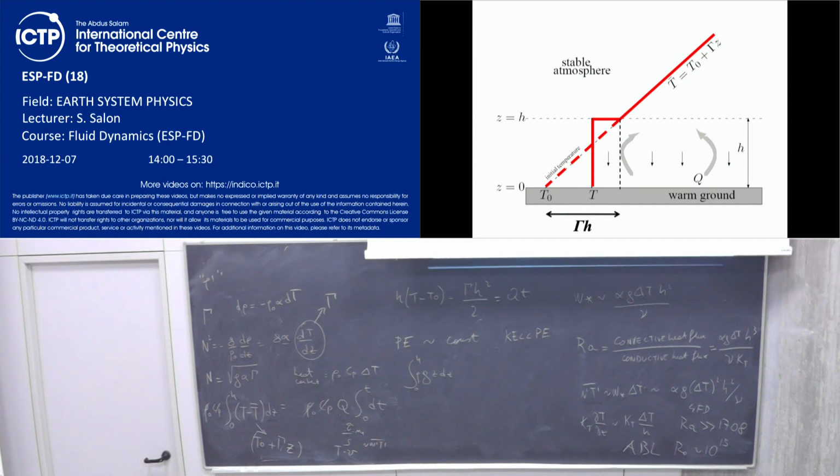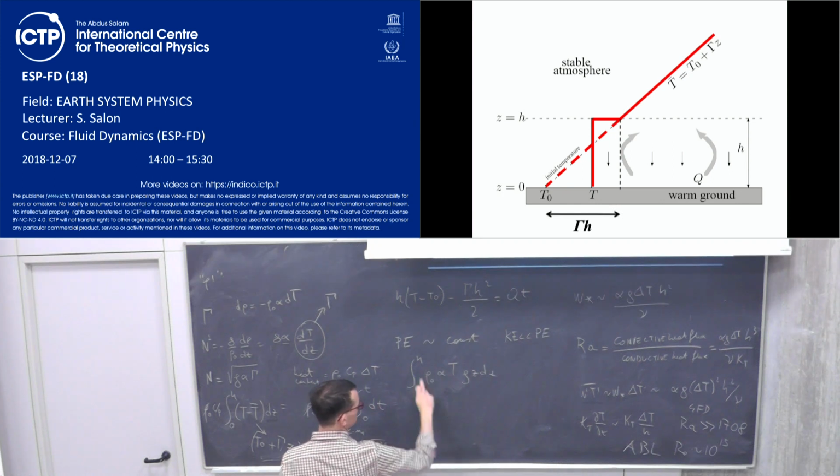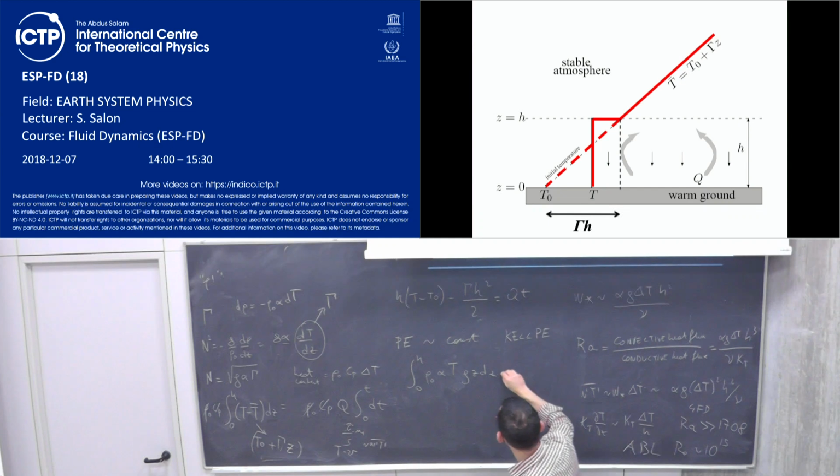So if I again substitute the density perturbation here with the usual relation with the temperature, what I obtain is a balance between the integral of rho 0 alpha T g z dz, so this is my density perturbation, equal to the integral from 0 to h of rho 0 alpha T bar g z dz.